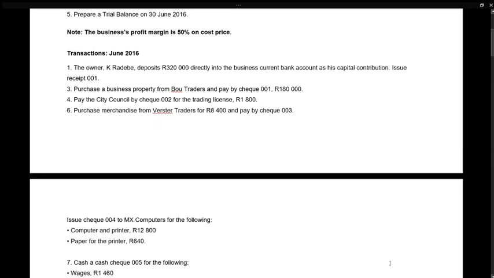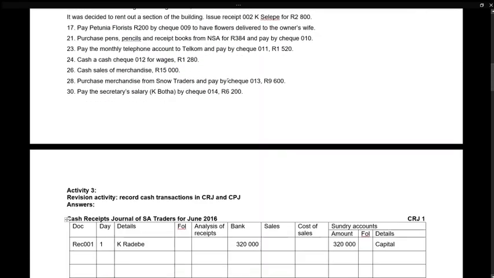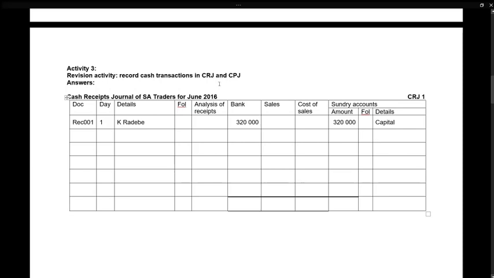Right, so the transaction on the 1st: the owner Radebi deposits 320,000 Rand directly into the business current bank account. Directly, that's very important. Okay, and then as his capital contribution, and then required to issue receipt 001. We put that into our cash receipts journal. So receipt 001, it took place on the 1st. From whom did we receive the money? Radebi.